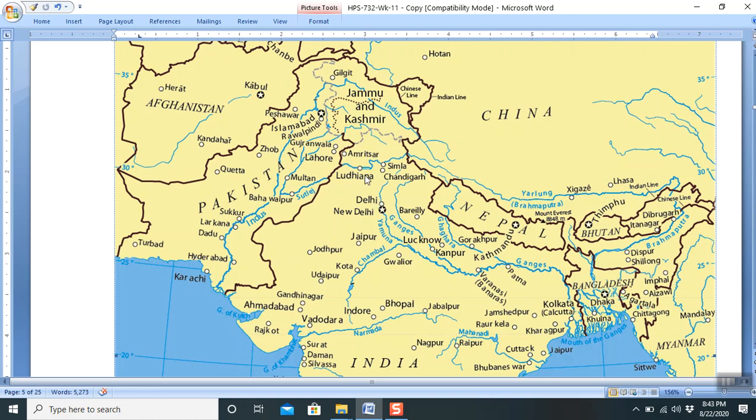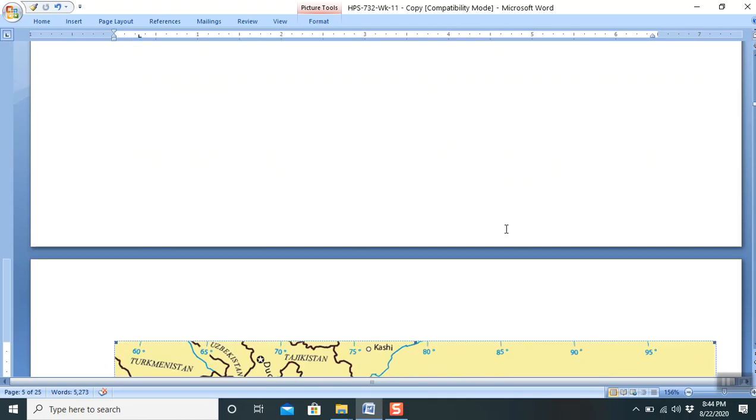Ludhiana and Chandigarh are connected with Punjab, and Amritsar is just 45 kilometers from Lahore. The culture of Lahore and Amritsar is almost similar. Here you find Shimla, a very important place in India, because it's just like Murree here, and the other regions of Nepal.